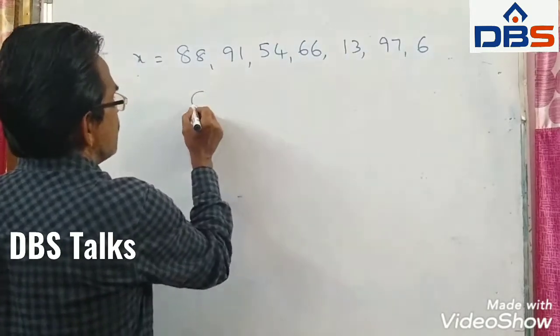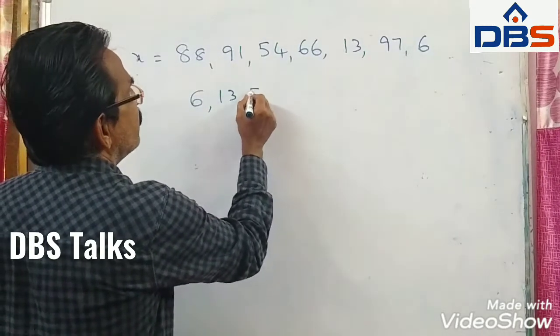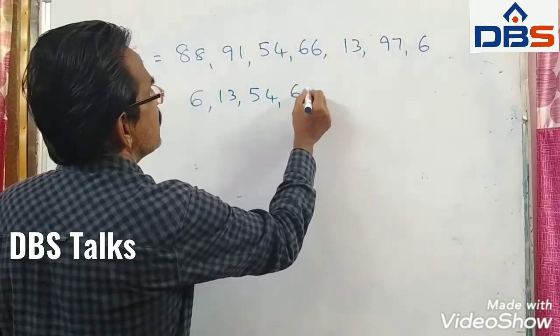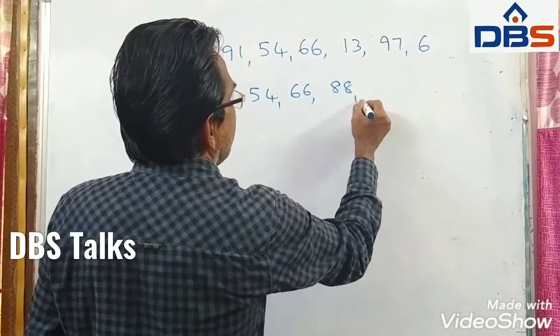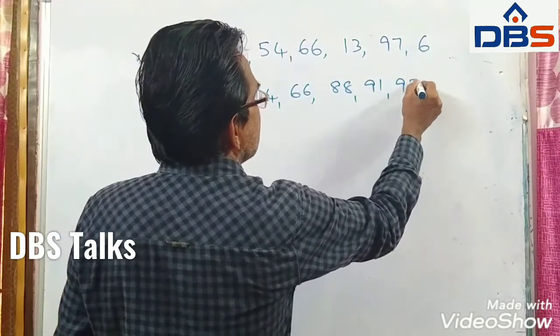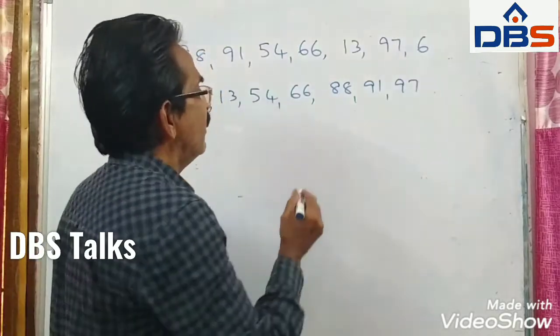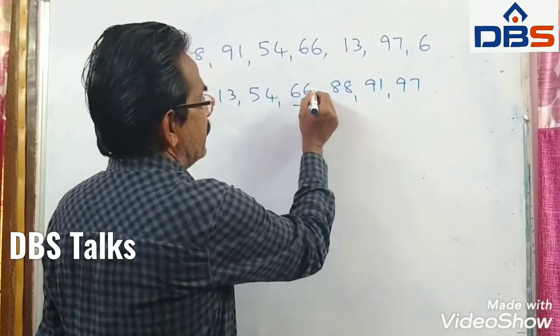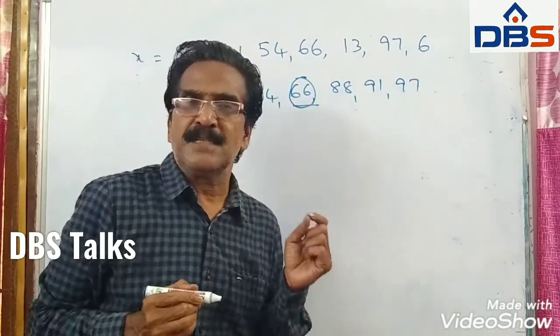The smallest is 6, next 13, next 54, next 66, next 88, 91, 97. These are the 7 values, friends. And what is the value lying in between? 66. So here median is 66.